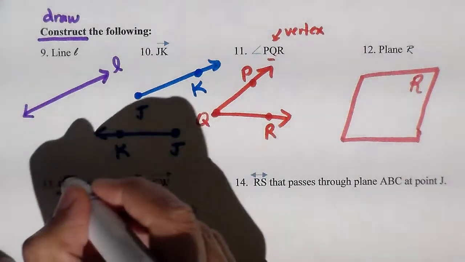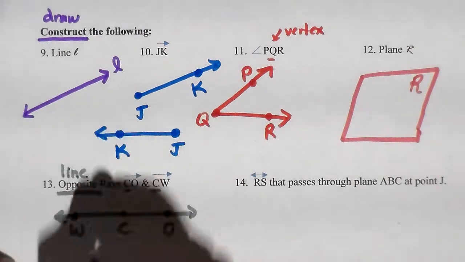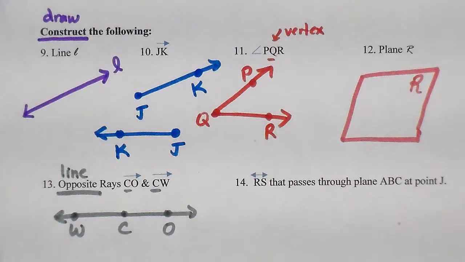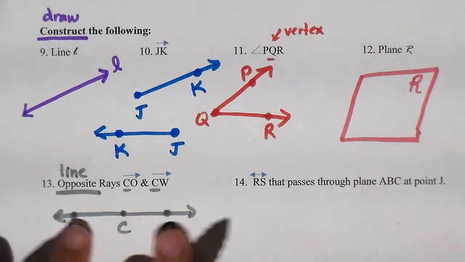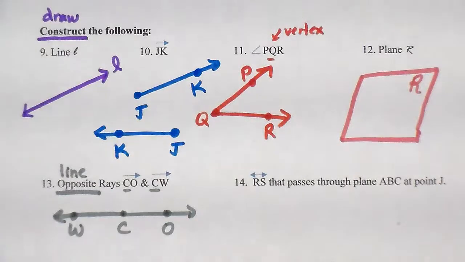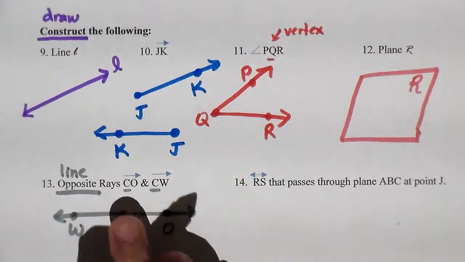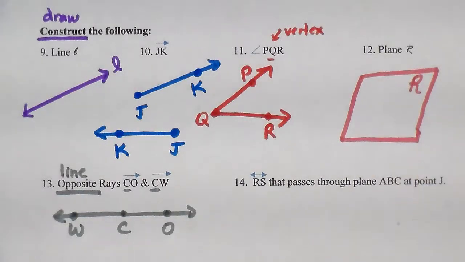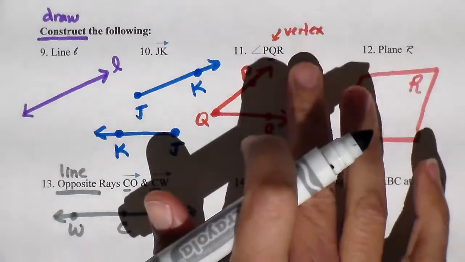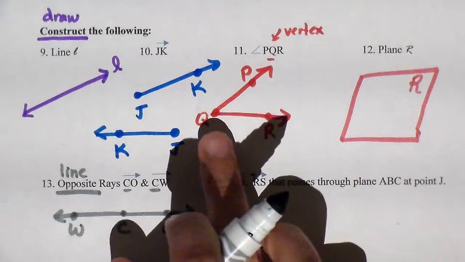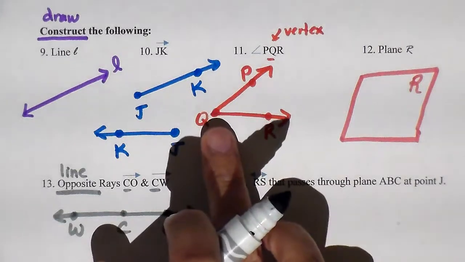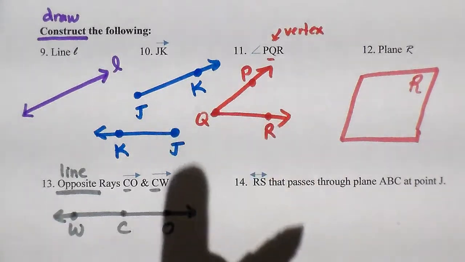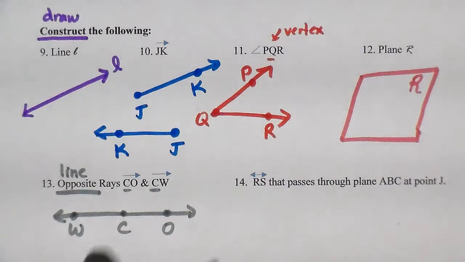What do opposite rays make? They make a line. Now let's explore the difference between two opposite rays and an angle. Opposite rays are two rays that share a common endpoint and go opposite directions. An angle is created when you have two rays that share a common endpoint and go different directions.